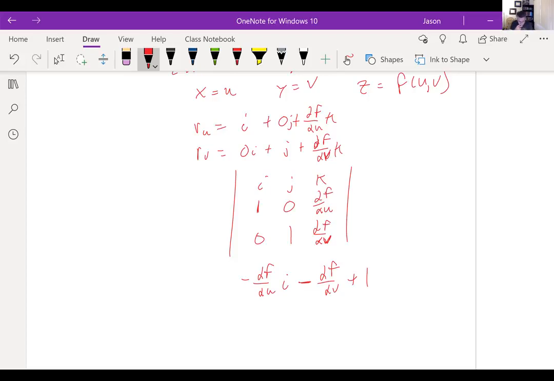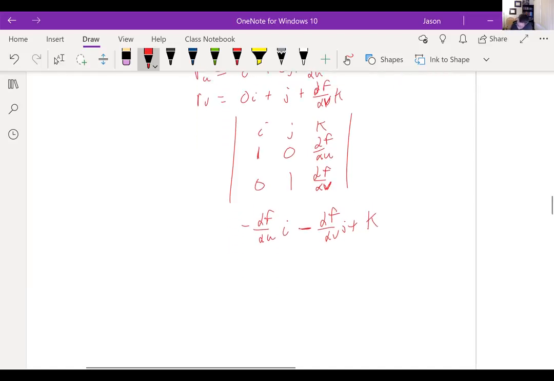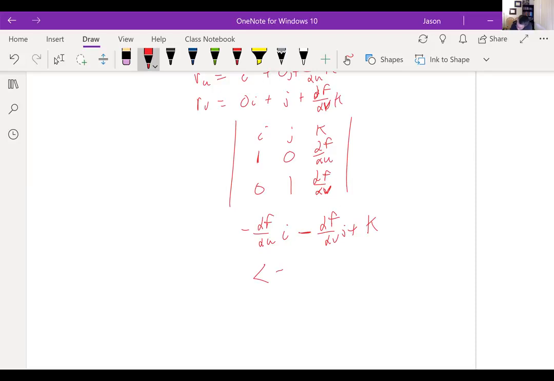Okay, and this is j and this is k, right? So that's the cross of that. If we think about this as negative df du and negative df dv and 1, now how will we find the magnitude of that?